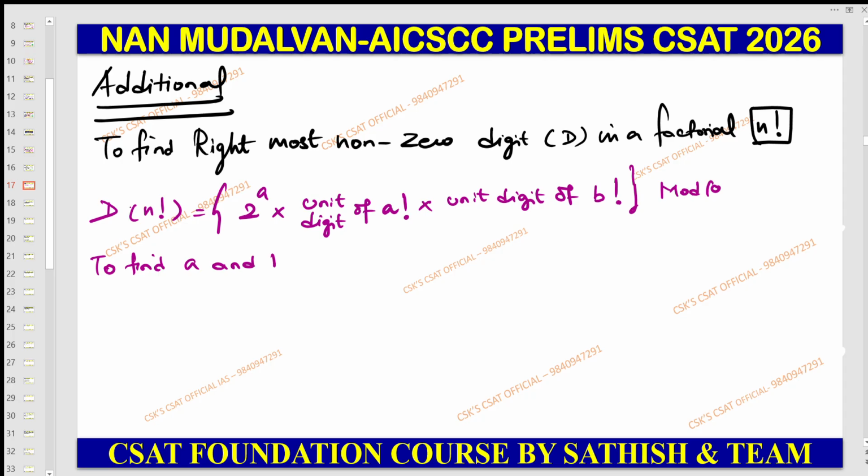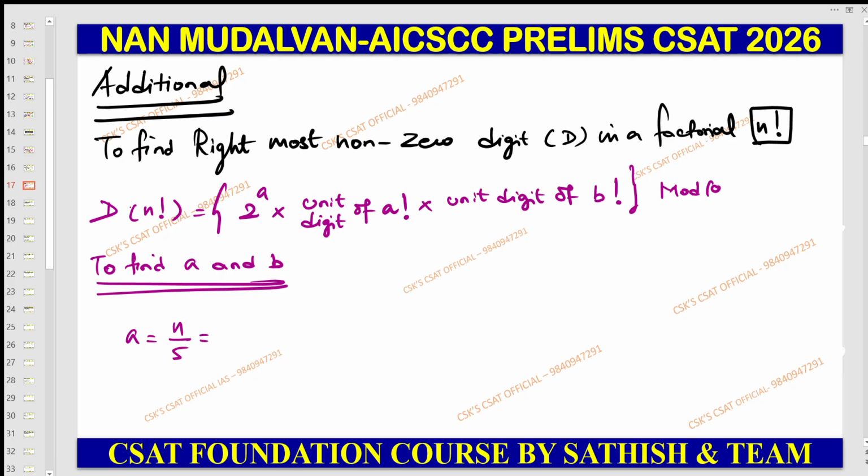Now to find a and b, follow the steps. A is nothing but n by 5. A is n by 5.